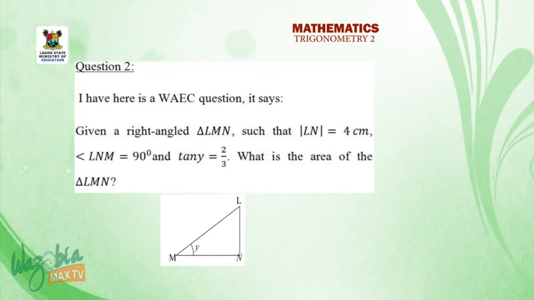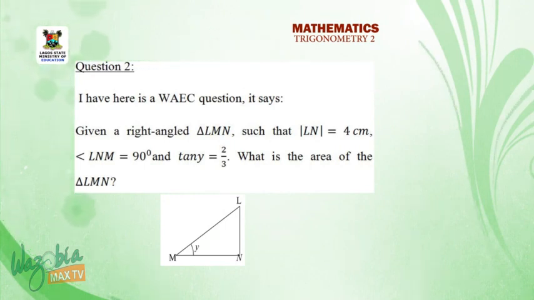So if you also label the triangle using opposite, hypotenuse, adjacent, we realize that LN is our opposite and MN is our adjacent, while LM is the hypotenuse. We realize that LN and MN are two perpendicular lines.